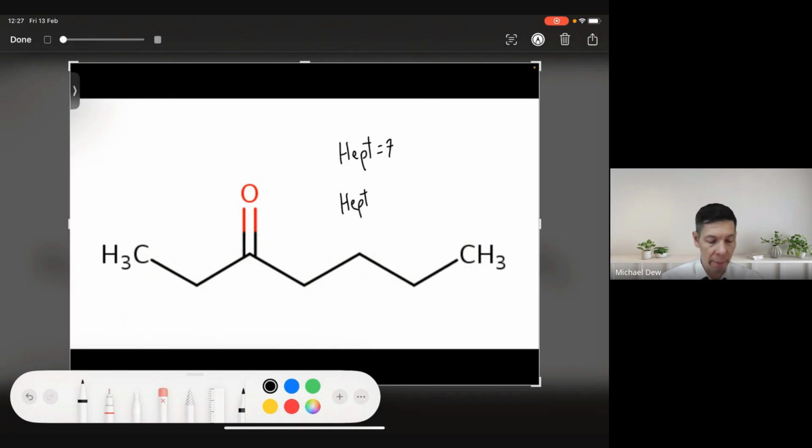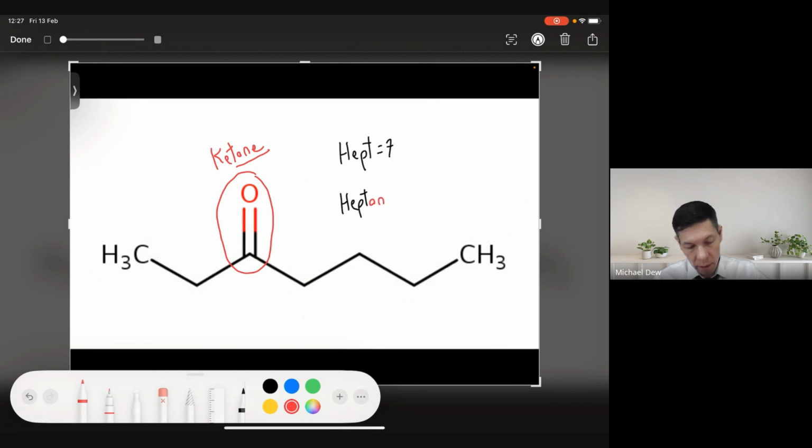Now, for the second part of the name, we need to look at the functional group. If we didn't have anything else, just this line here at the bottom, then it would just be heptane. But in this case, we do have a functional group. It's right here, just a double bonded oxygen, nothing else on the carbon. That is known as a ketone group, K-E-T-O-N-E, ketone. And we're going to use only the O-N-E part of that and just add it to the name.